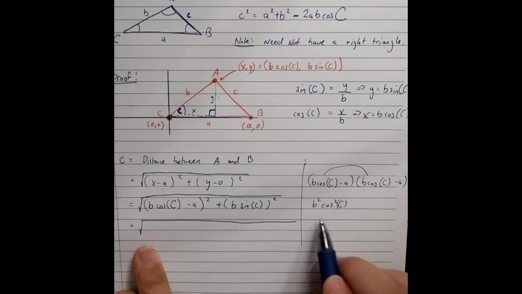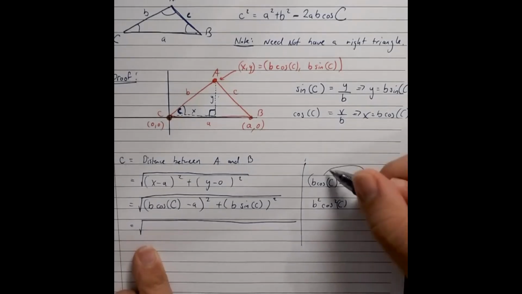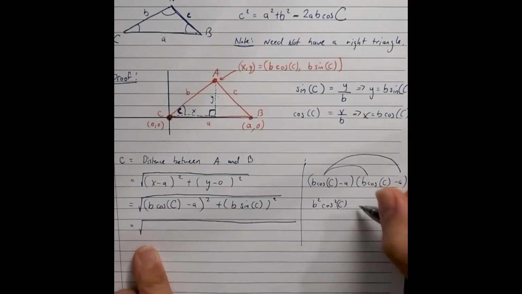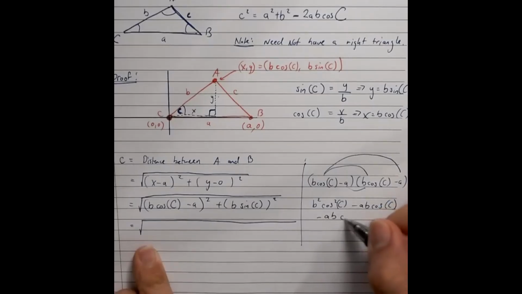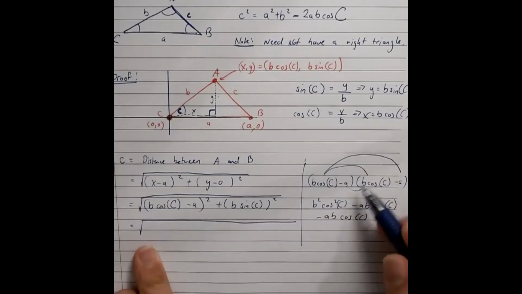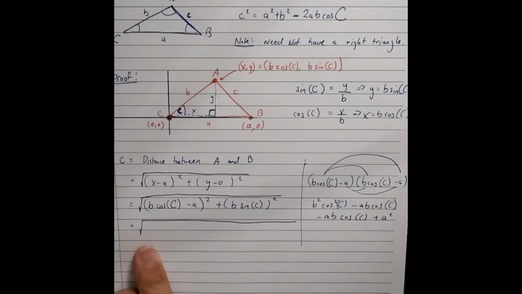Cosine of C times cosine of C is cosine squared of C. That's going to give me minus AB cosine of C. That's going to give me another minus AB cosine of C. And negative A times negative A will be a positive A squared.